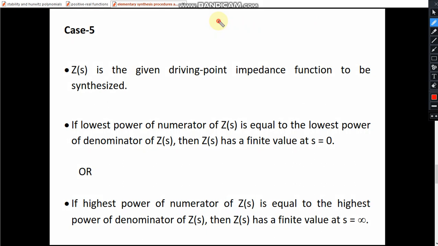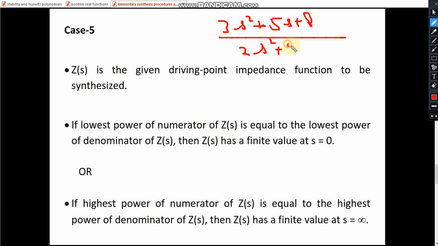For example, suppose 3s square plus 5s plus 8 divided by 2s square plus 9s. One thing is there is a pole at the origin, so we can remove that pole first. Another thing is that here the highest power is equal to the highest power here.